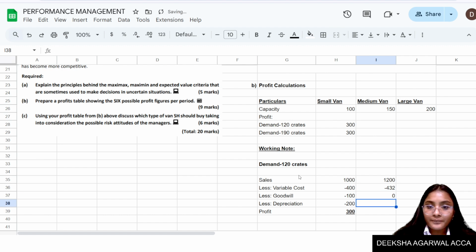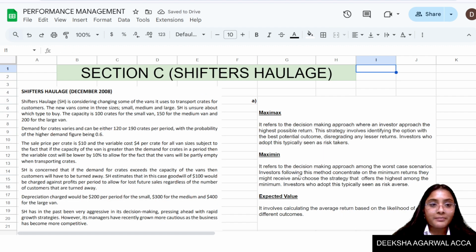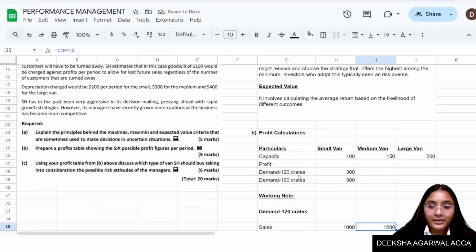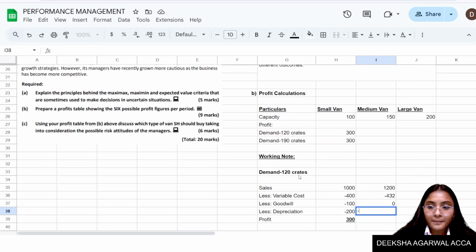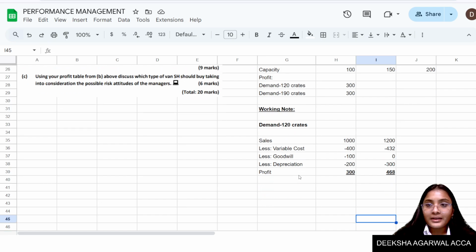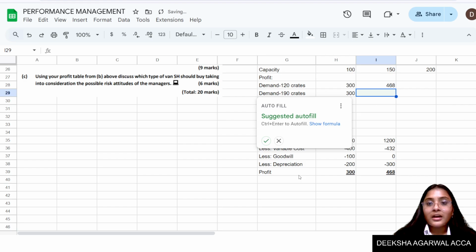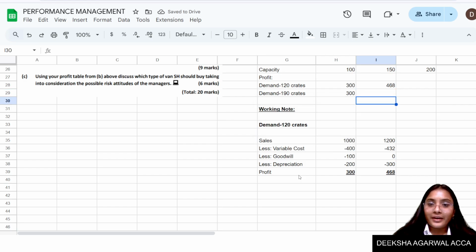So it will be zero. My depreciation for the large medium van is 300. 468 I am getting as the profit. You can see yourself. Correct. So this 468 we will be recording.